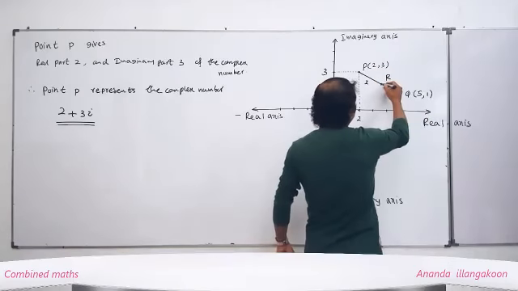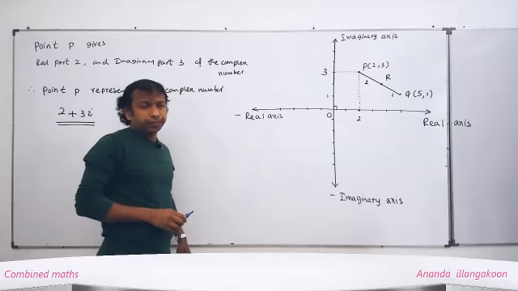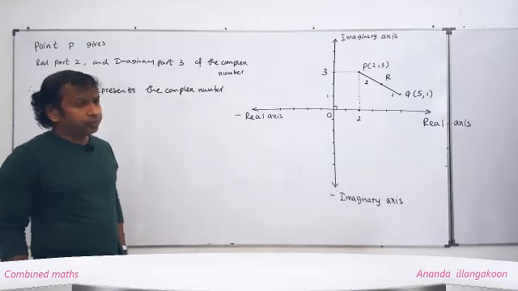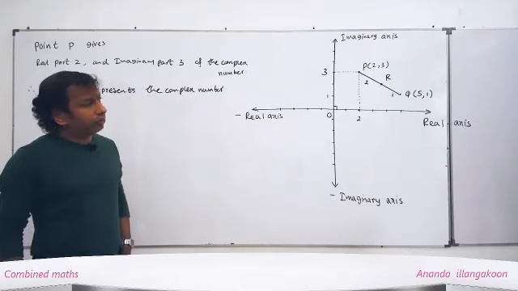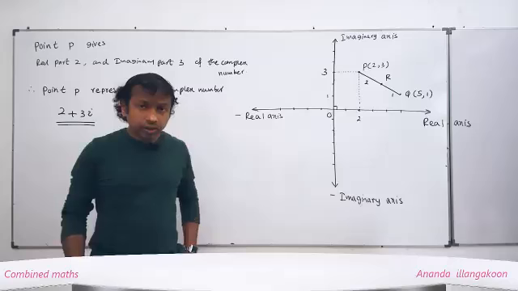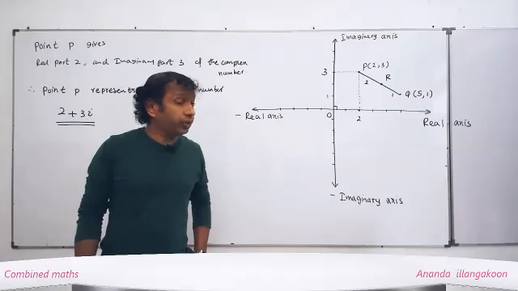Now this point R is also another point on the complex plane. Therefore, that should represent a complex number. To write that complex number, we should be able to find the real part and imaginary part of point R.